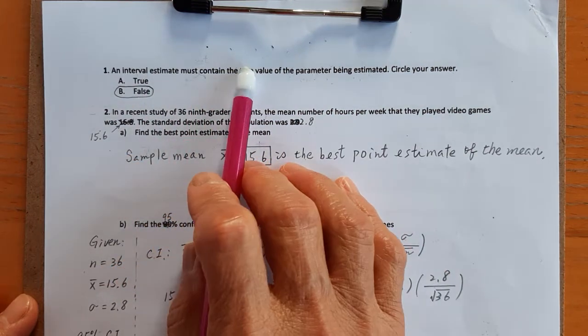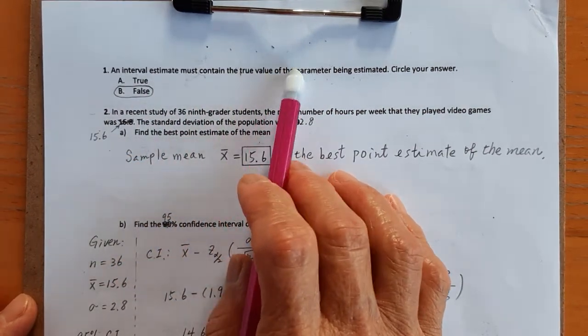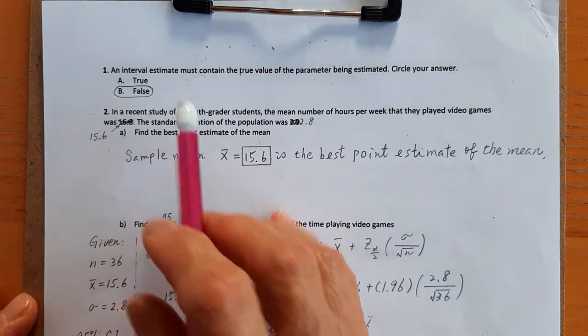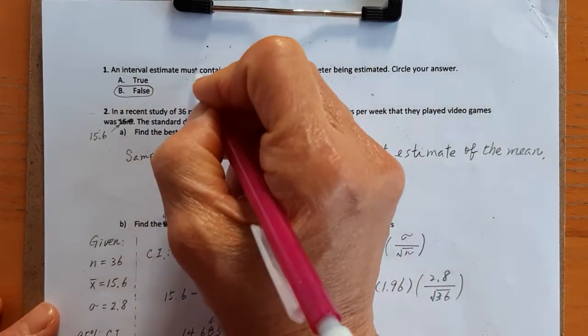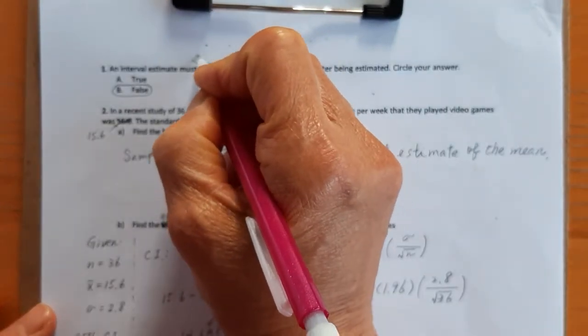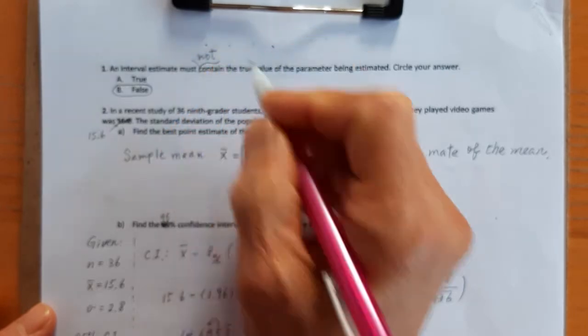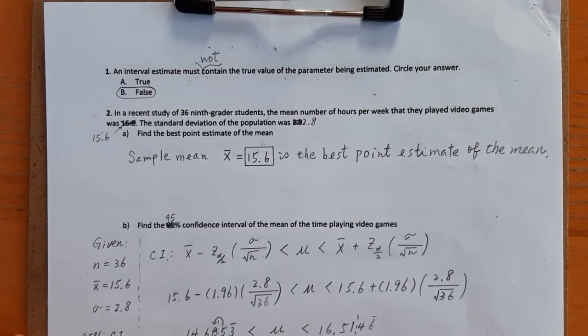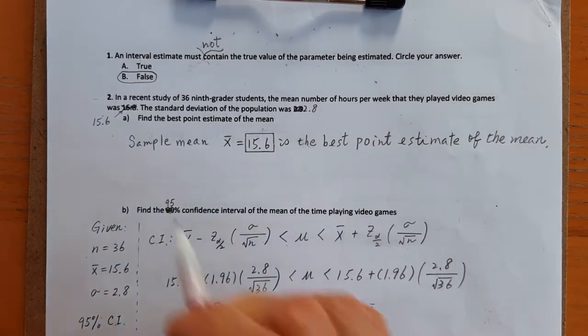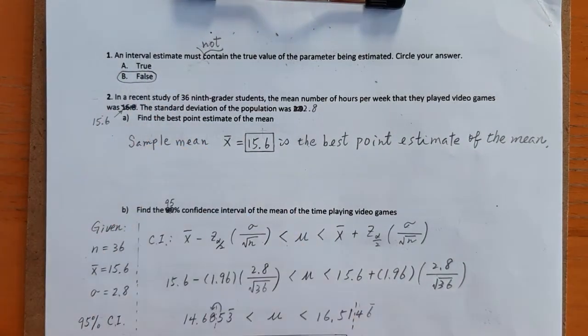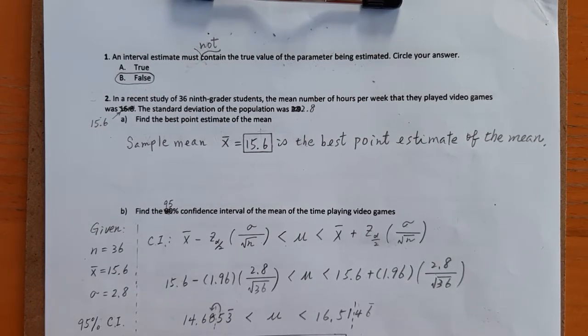If it must contain the true value of the parameter, that is also false. And if I put not, the answer is also false, because an interval can contain or not contain the true value of the parameter.